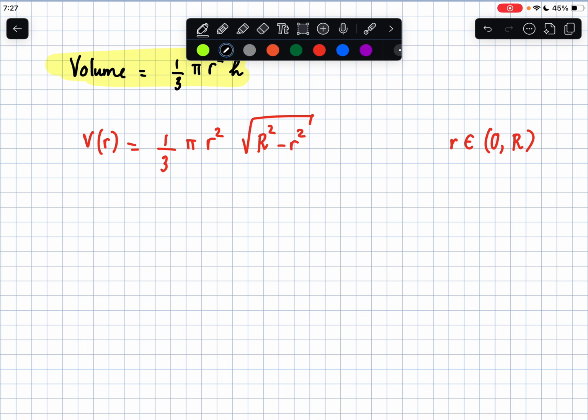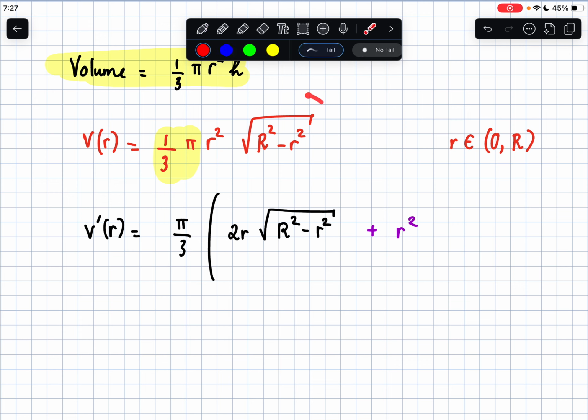Now let me compute the derivative to get the critical point, V prime of r. Here we have a number pi over 3, take it out, and I use the product rule. 2r square root of R squared minus small r squared. And the second one, r squared times the derivative of this one.